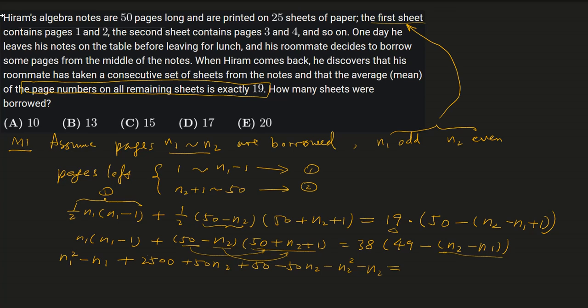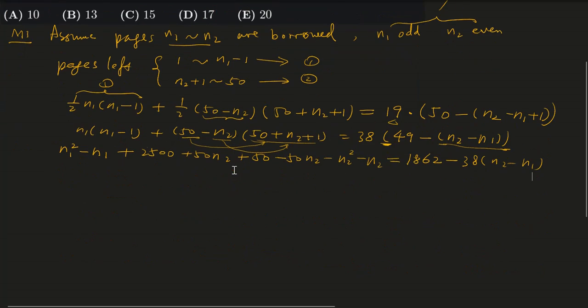And the right hand side becomes, let's expand this brackets as well. We have 1862 minus 38 times n2 minus n1. Now let's collect the terms on the left hand side. All right, let's get some space.